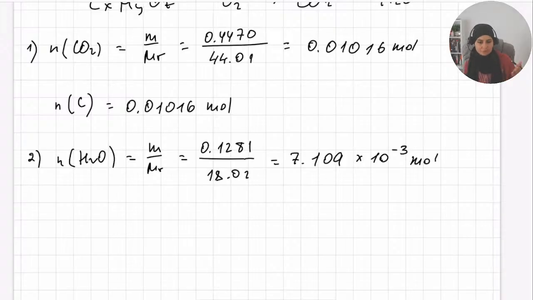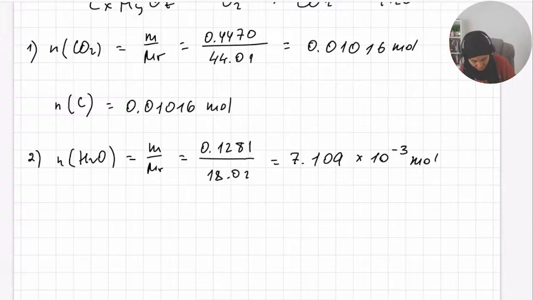That's moles of water, and we want to find the moles of hydrogen. So water is H2O, right? Which means that per each mole of water, you would have 2 moles of hydrogen. You can think about it as if you have 1 molecule of water, you have 2 H atoms there. So if you have 1 mole of water, you would have twice as much hydrogen.